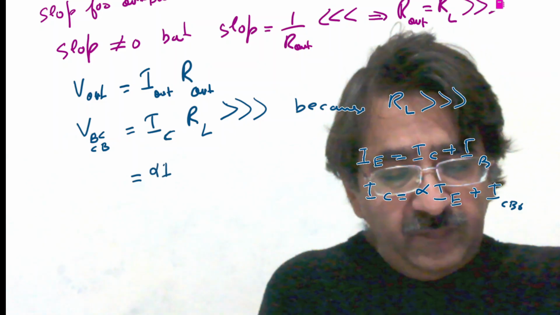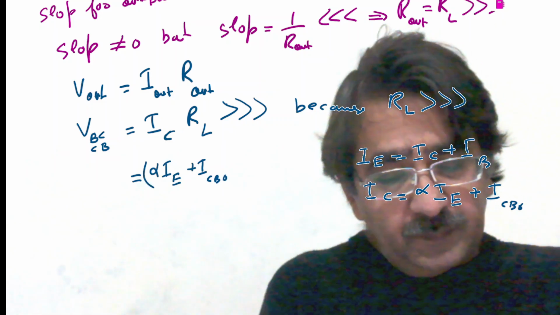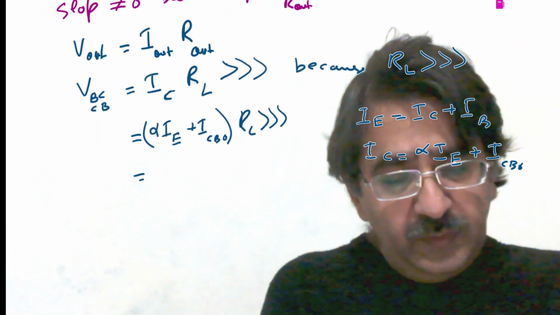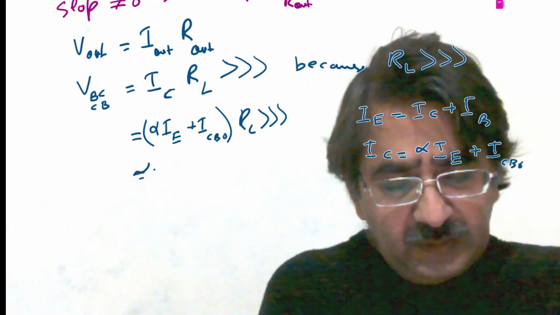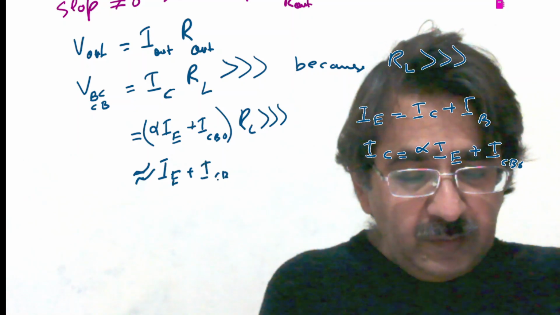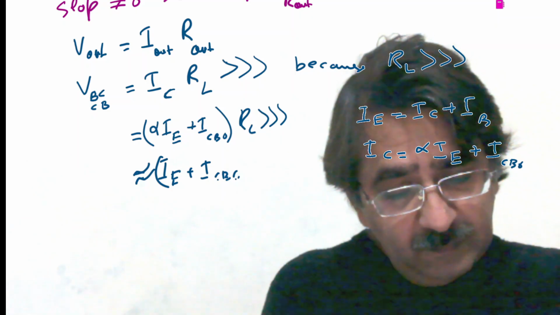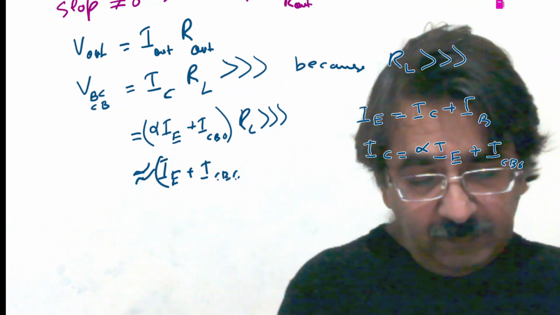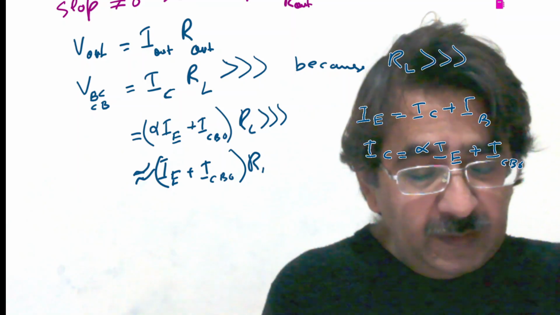So that will be alpha IE plus ICBO. If we ignore that alpha is near to 1, then that is approximately equal to IE plus ICBO.